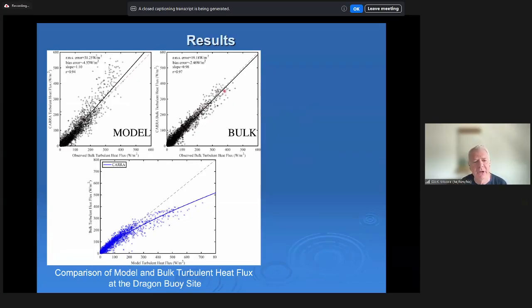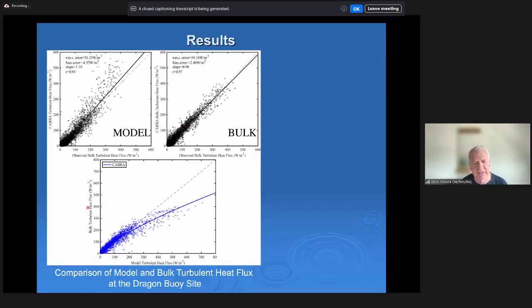And so what I'm plotting here are scatter plots. In this upper quadrant, I'm plotting the observed bulk flux from the buoy, and on the y-axis, I'm plotting the turbulent heat flux, that is the sum of the sensible and latent heat fluxes derived directly from the model. In this one, I'm doing the same thing, but now I'm using the bulk fluxes from the model.